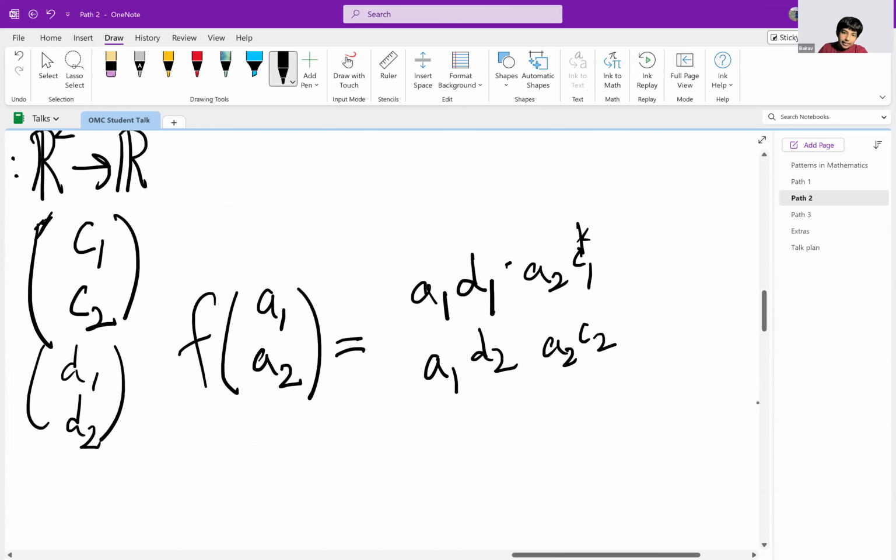So we get this as the formula for our linear transformation, and we can also compose them to get other linear transformations.